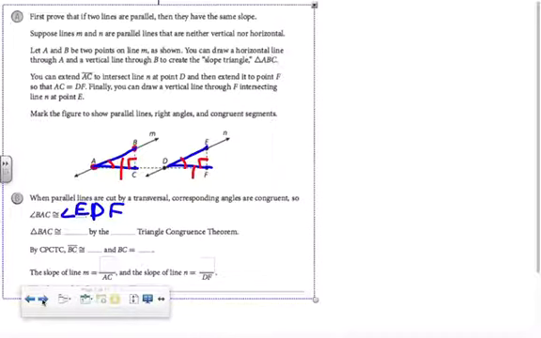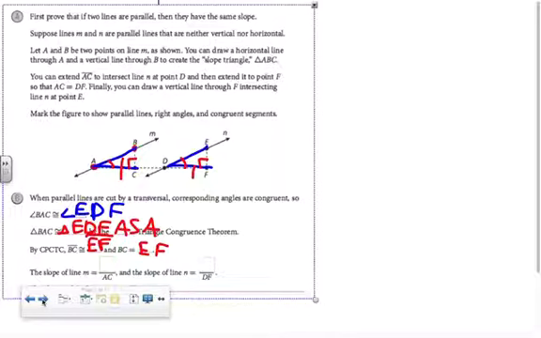So triangle BAC is congruent to triangle EDF by angle side angle. Then by CPCTC, segment BC is congruent to segment EF, which means the length of BC is equal to the length of EF.